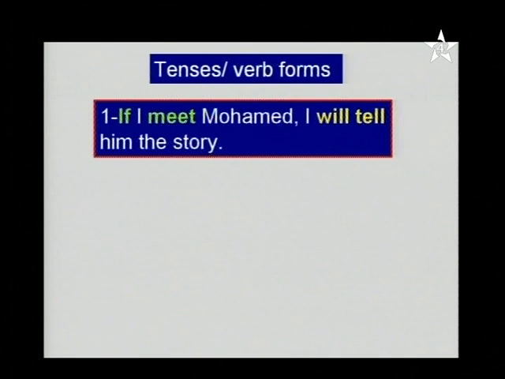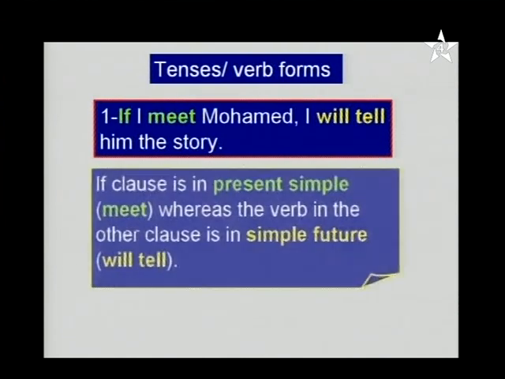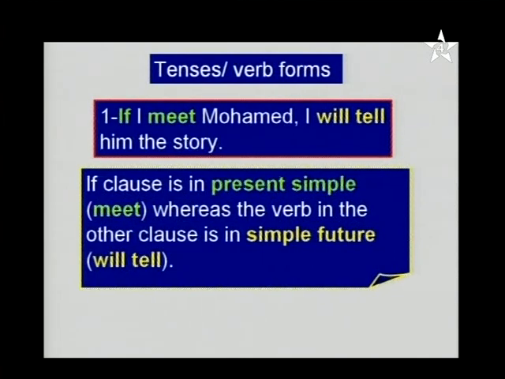If I meet Muhammad, that's the first clause, which is called the if clause. I will tell him the story, subordinate clause, second clause. What do you notice? The if clause is in present simple tense. If I meet, verb meet. Whereas the verb in the other clause is in simple future, will tell.